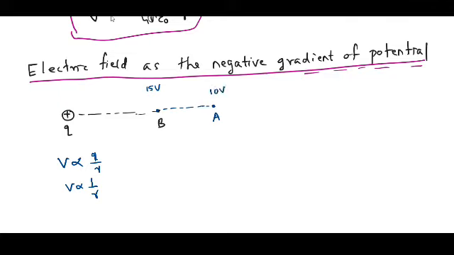Then if the electric potential at this point is V, equal to 10 volt, then the electric potential at the nearest point B from the charge Q is a little more, that is V plus dV, where dV is nothing but 5 volt.